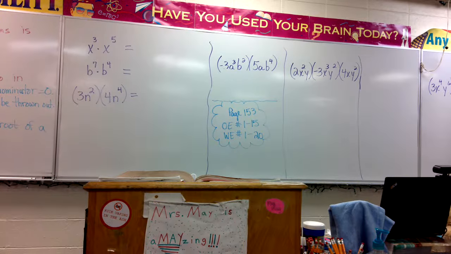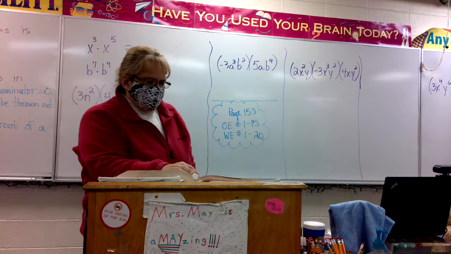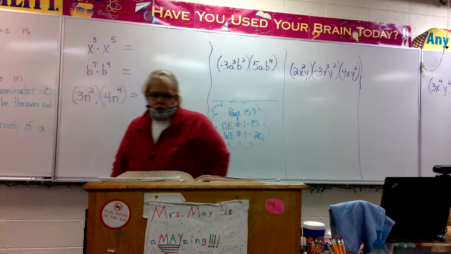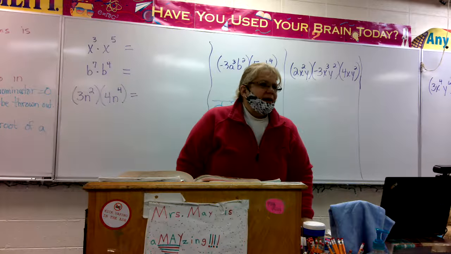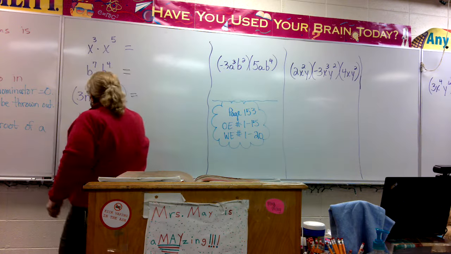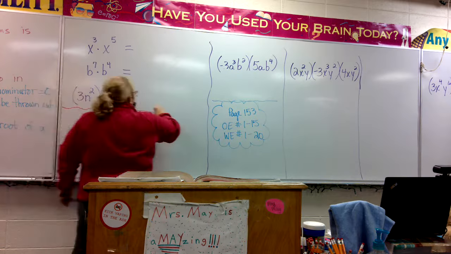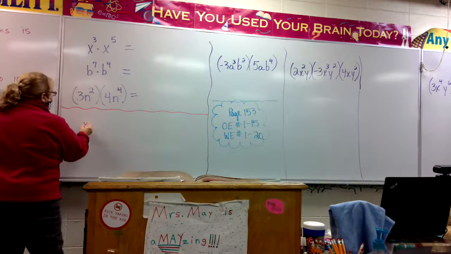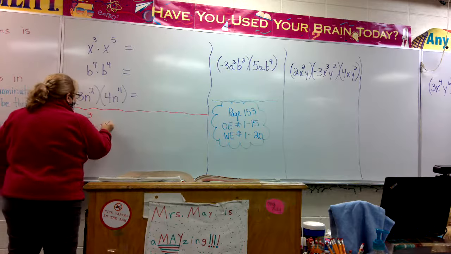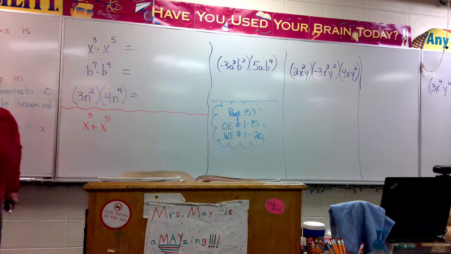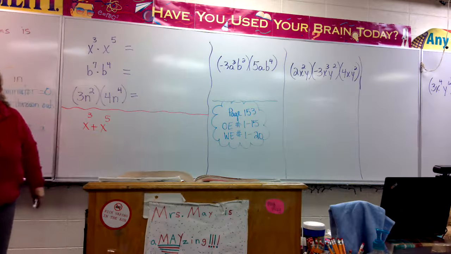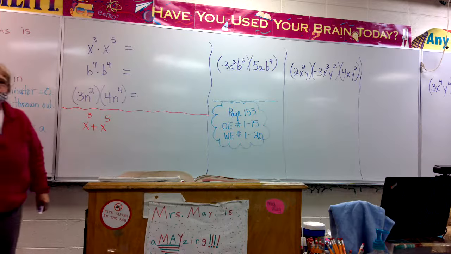All right, so today I am on page 152, multiplying monomials, one term. Now, it's easy to get a little bit confused. You remember our lesson from the other day? If I asked you to add an x to the third with an x to the fifth, could you add those?